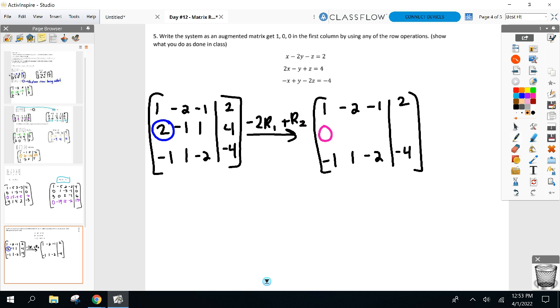Let's see, what else do I get in row 2? 4, negative 3. It is positive.